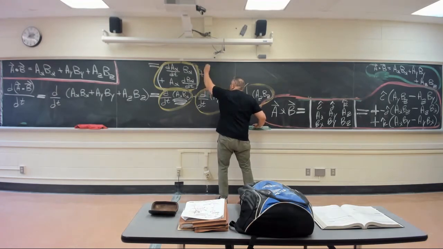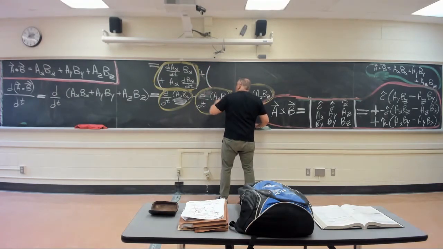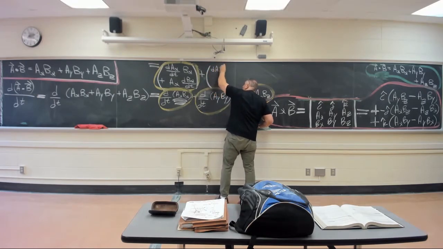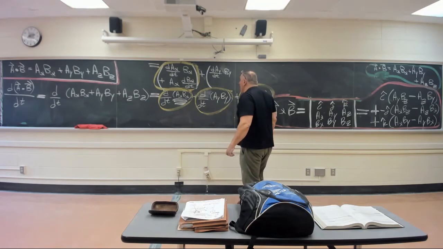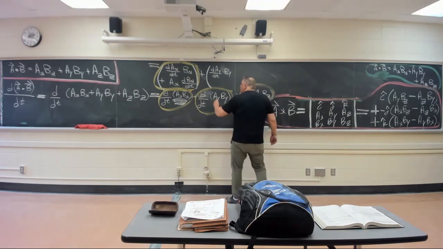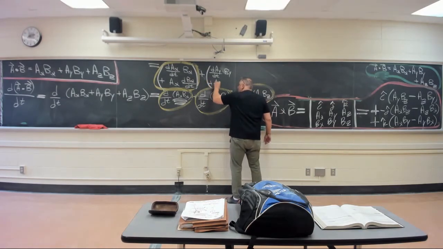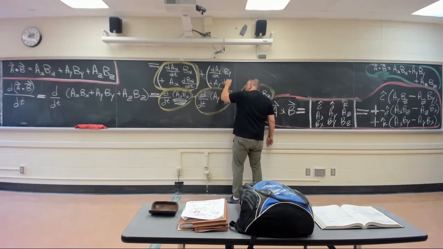So what are we getting here? We're getting dAy/dt times By, then you're getting Ay dBy/dt.